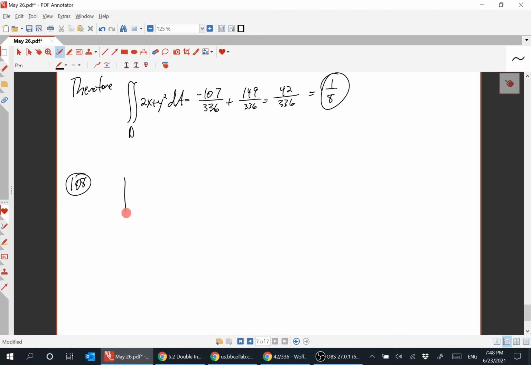So we need to draw this guy. So in the first octant, z equal to 0 is just the xy plane. So x plus y equal to 1 is this plane here.